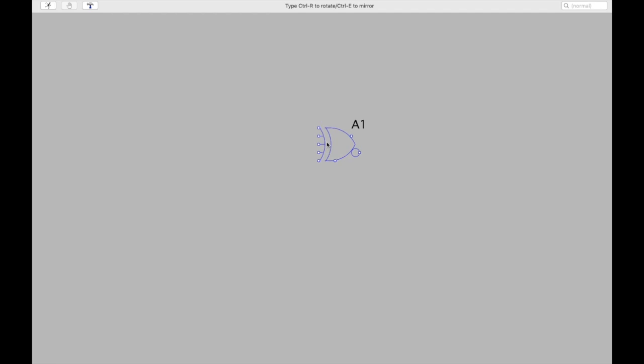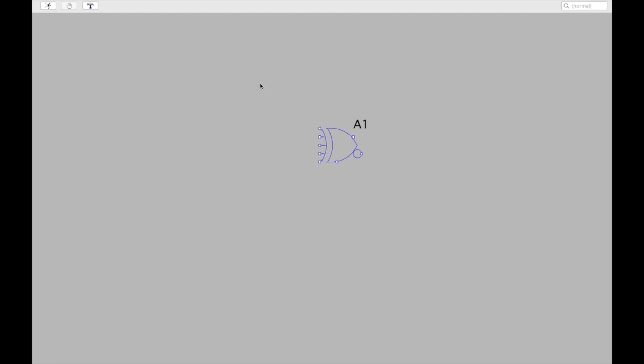So this is my XOR. Of course, this is a multi-input XOR with more than 2 inputs, but we will be using only 2 of them, and the others we will not use. Here we have an output, and of course the output bar. We will not be using the output bar, only this output. So this is my XOR.